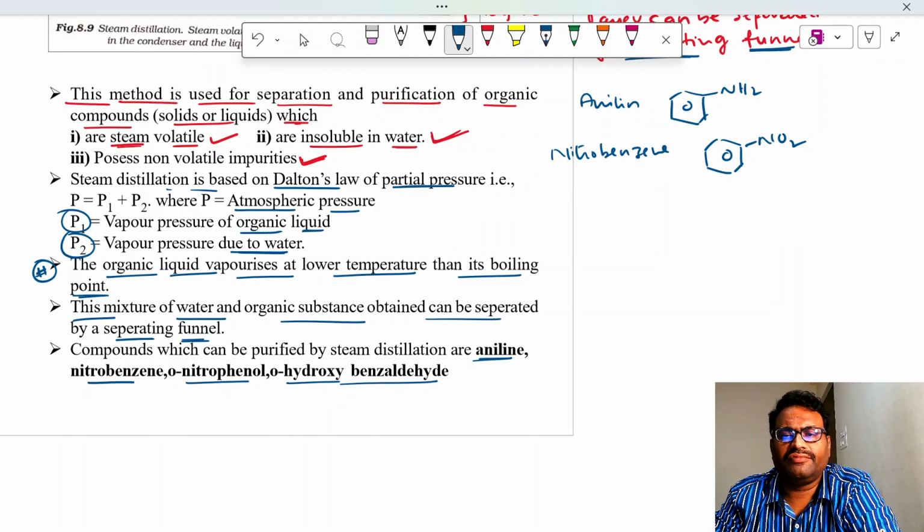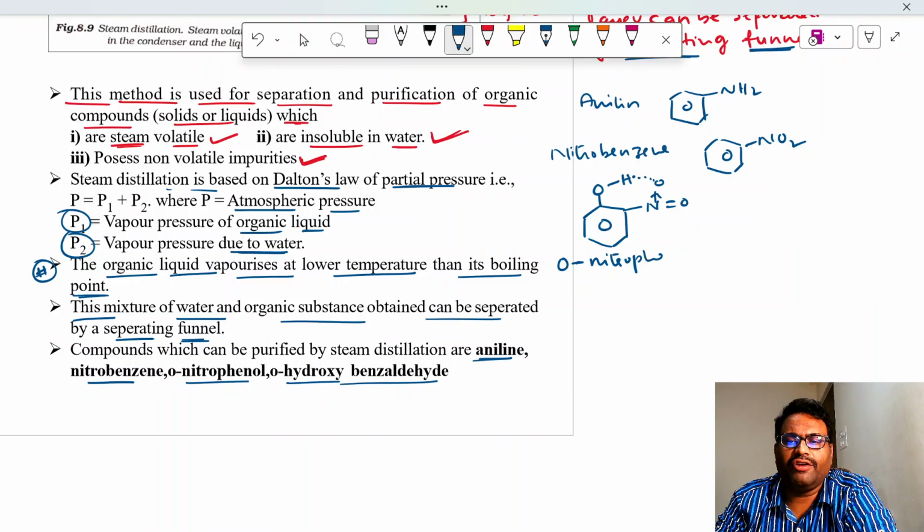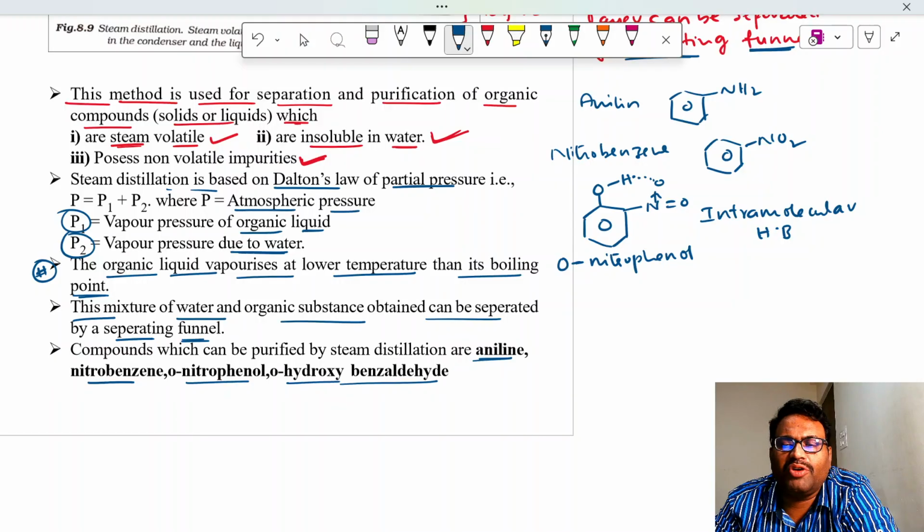Orthonitrophenol: this is the structure of orthonitrophenol. In this orthonitrophenol, there is intramolecular hydrogen bonding. As there is intramolecular hydrogen bonding, its boiling point is less.